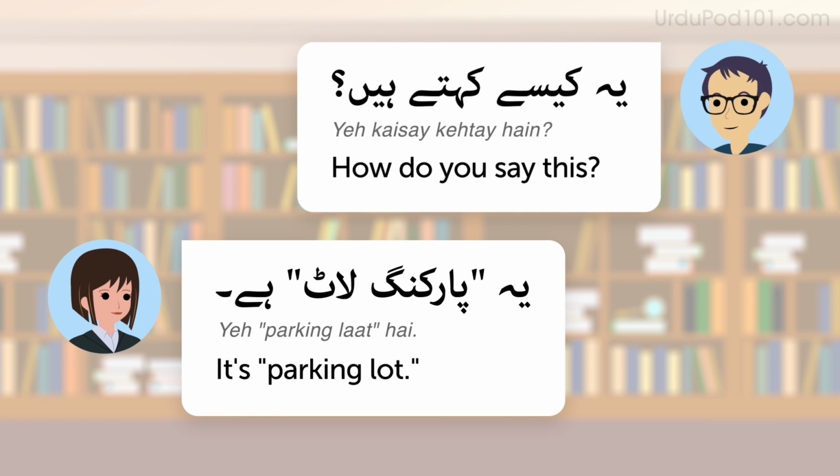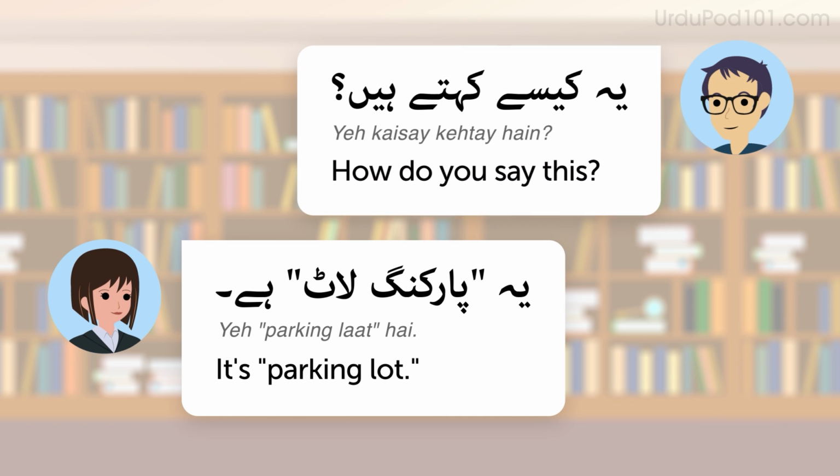First of all, you'll need to learn how to say, how do you say this? That's, ये कैसे कहते हैं? This Urdu sentence literally translates into, this how you say do, but it means, how do you say this in English? Now, how do you answer this question?